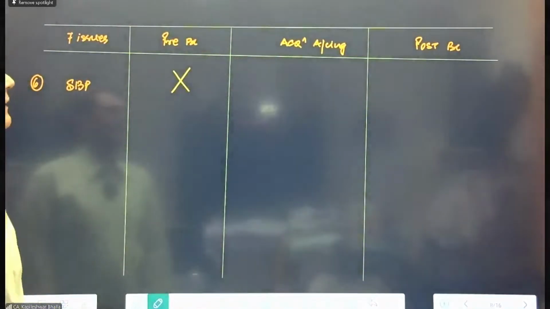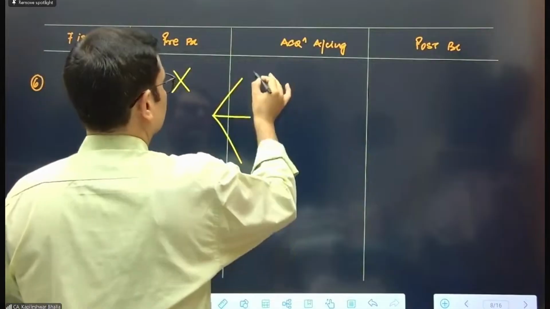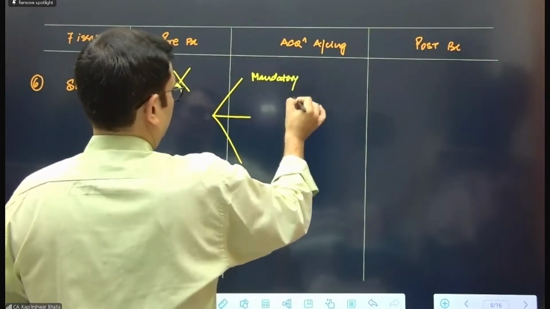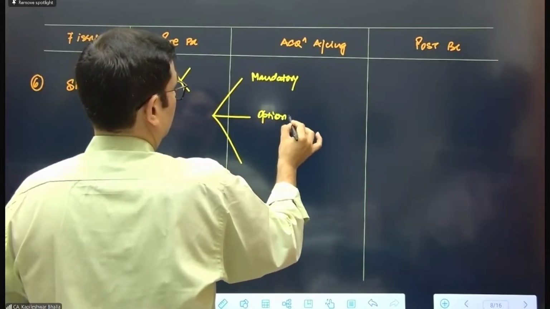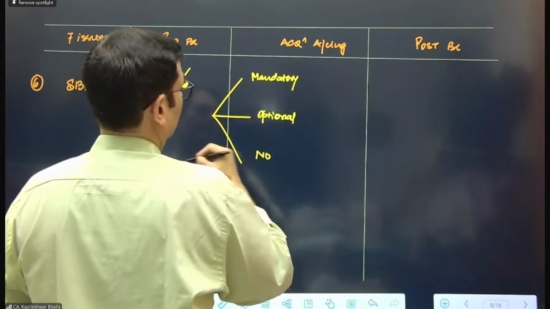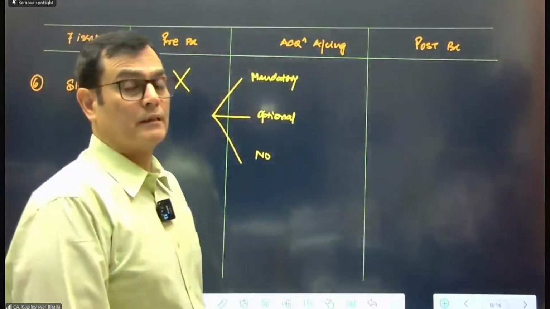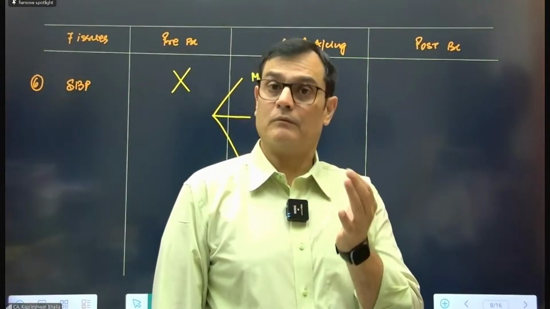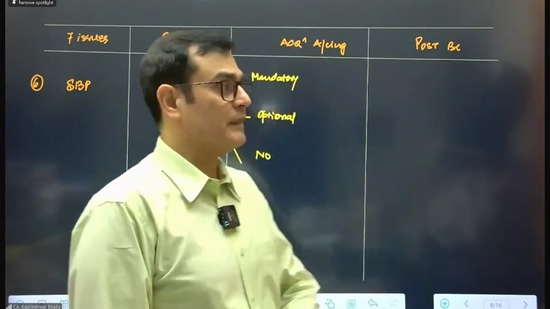No. Can I say for the acquisition accounting, there are 3 cases. One is mandatory, one is optional, and one is replacement, that there is no replacement. Can I say if it is mandatory, part of the PC, the entry on the acquisition date is PC debit, SBP reserve credit.